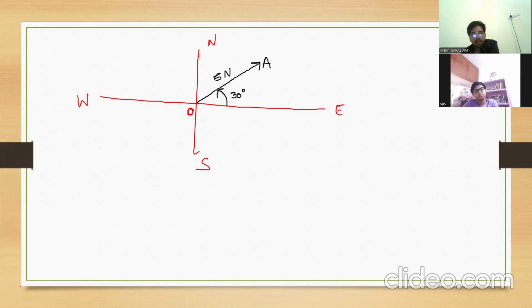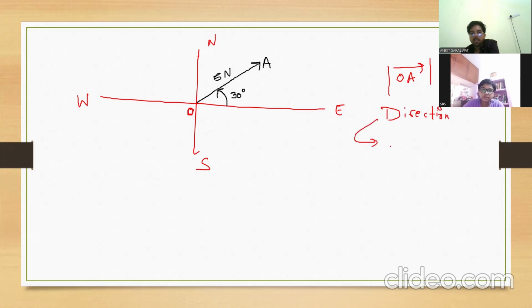Can you please tell me what is the magnitude of the OA vector? 5 Newton. And what is the direction?